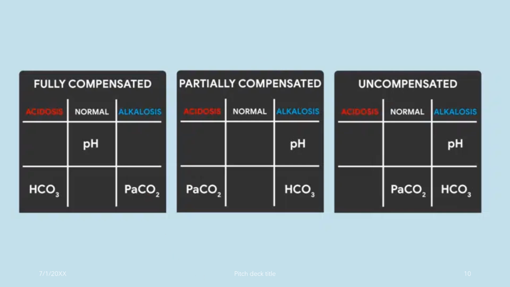So this would be a good example if this was 7.4, and our bicarb, say, is 18, and our CO2 is 30.